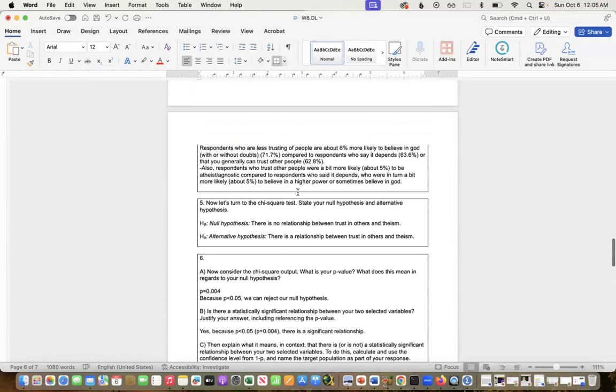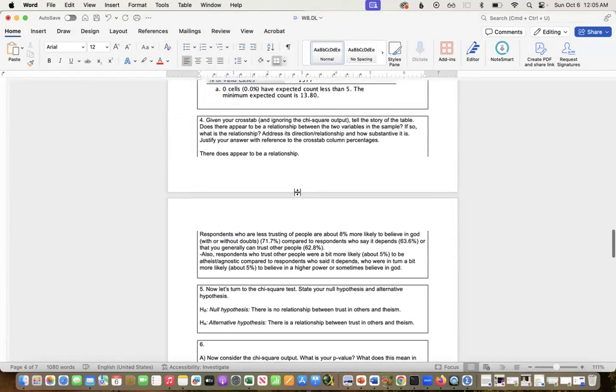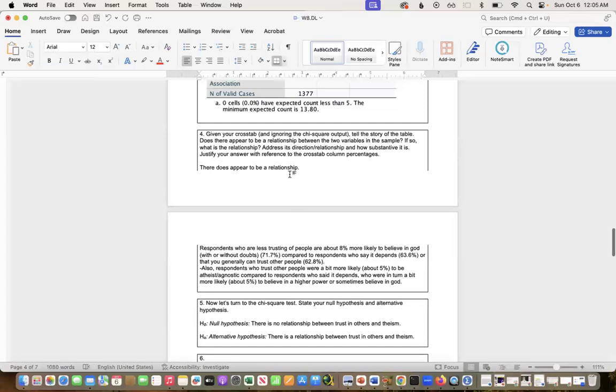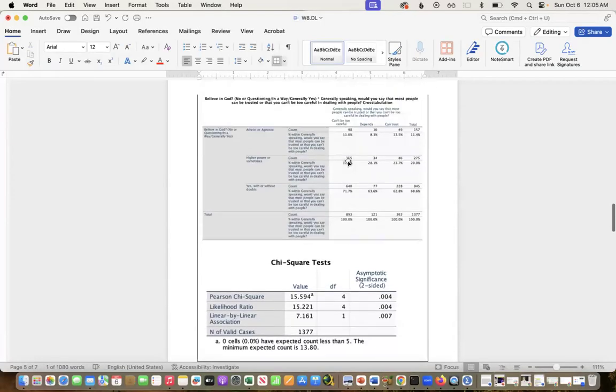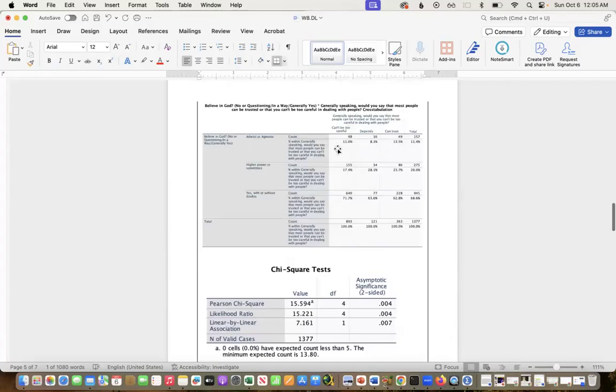And then let's look at how different the crosstab column percentages were. If I go back to number 4, I can see that in this case, there was about an 8% difference. And again, it doesn't need to be that every category is a certain percentage different than every other category, right? If we're looking at just this one, these two are not substantively different, but these are substantively different than this.